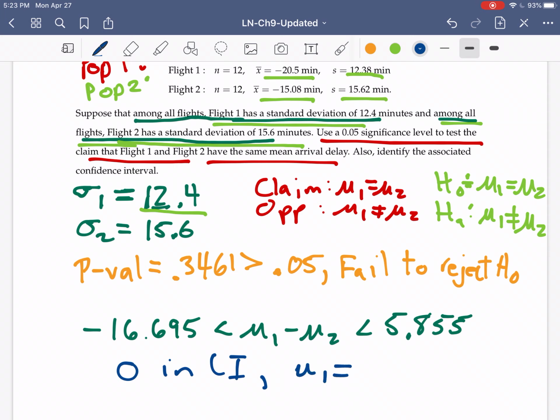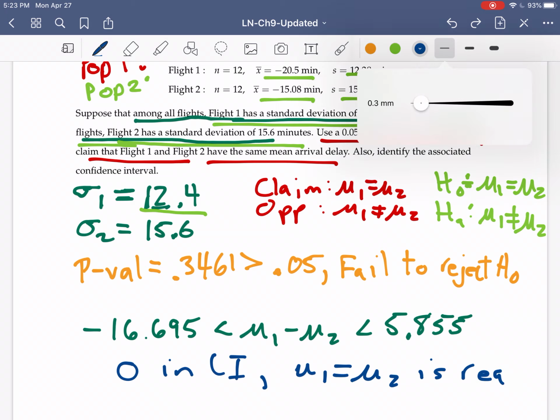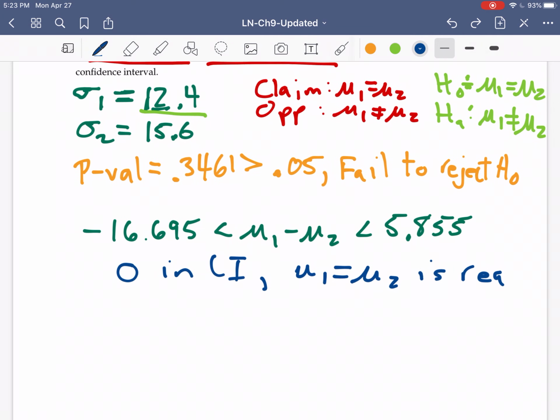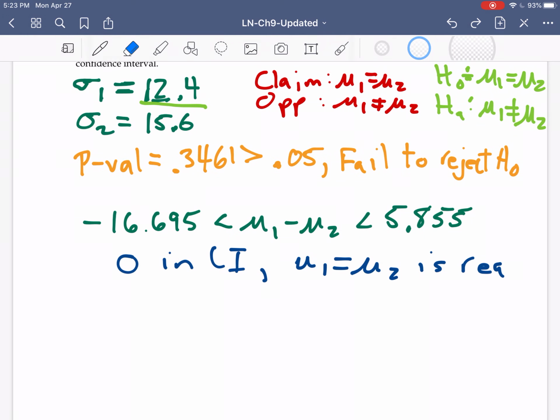So mean 1 being equal to mean 2 is reasonable. So that's something that's reasonable to believe.